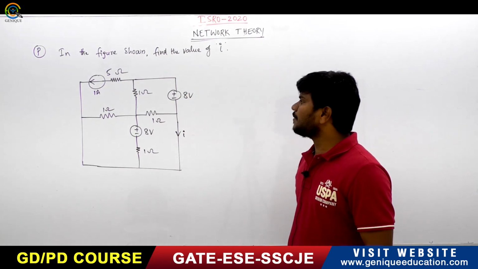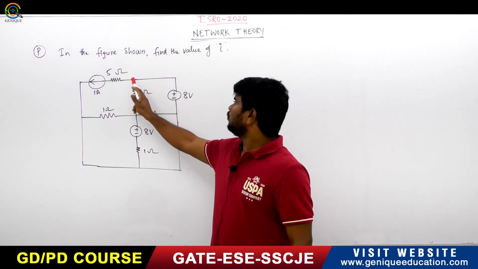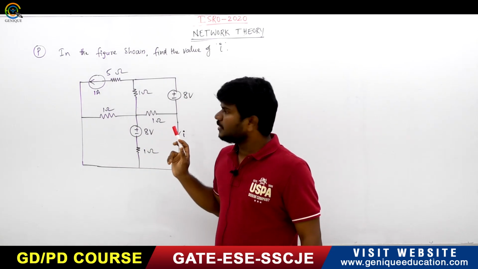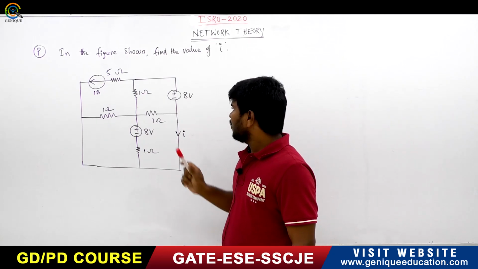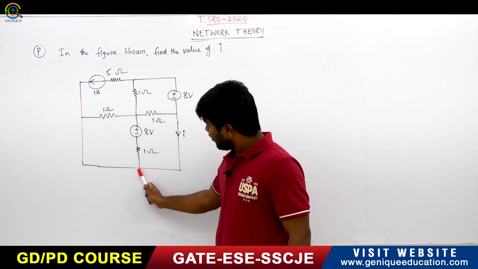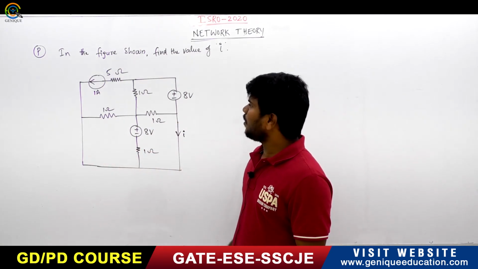How many nodes are present? 1, 2, 3, 4. Right? 4 nodes are present. Actually speaking, there are a number of nodes, and you will come to know.